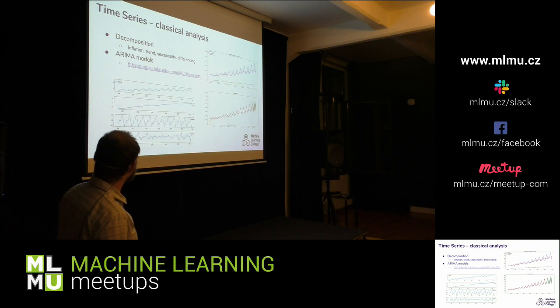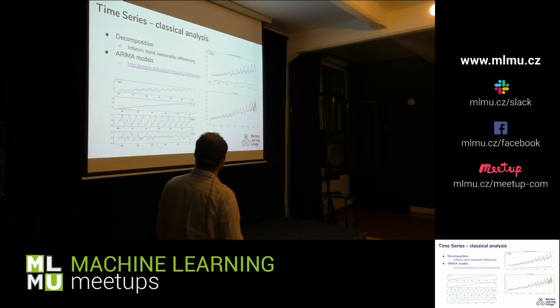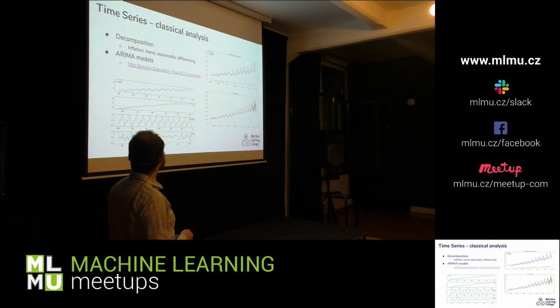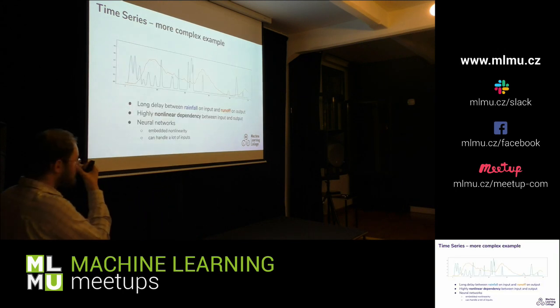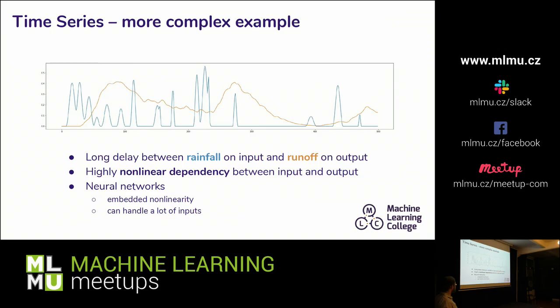And it's pretty easy. Of course, there are cases which are not so easy and can't be really done with classical analysis. So for example, this one would be taken from the hydrology domain, and you have 2 different time series. The blue one would be rainfall, and the orange one would be runoff, the amount of water flowing in a river at some point down the stream.